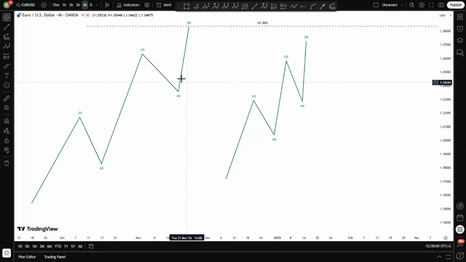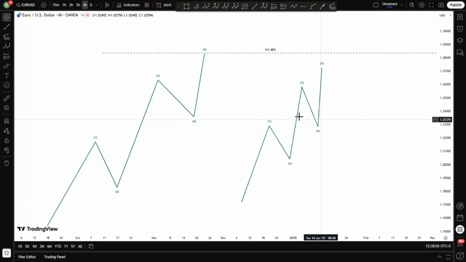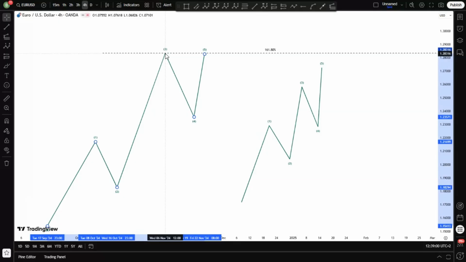What's very common about wave 3 that we need to understand as Elliott wave traders is that wave 3 is usually the most powerful wave in the 5 wave pattern.